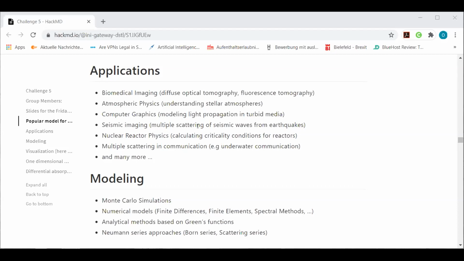You want to get rid of this blurring. Computer graphics, of course, if you want to model sceneries with fog, you have a very similar model. Even in seismic imaging, you have seismic waves which you can model with such a particle idea. Nuclear reactor physics, one of the major applications maybe 50 years ago, where you want to model neutrons, or underwater communication and more.